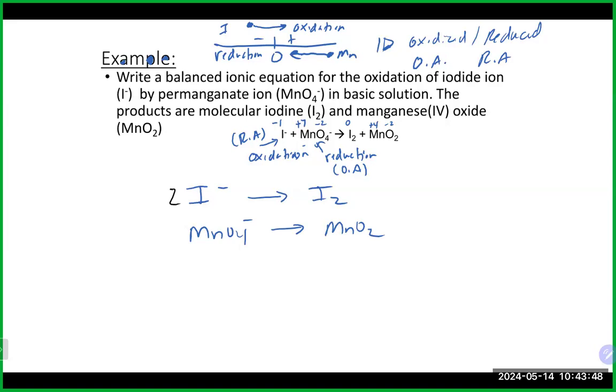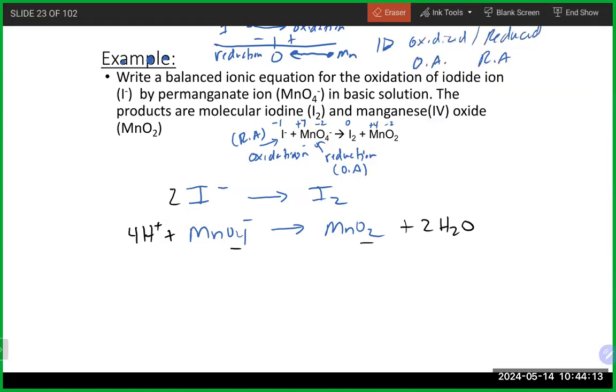We have 1 Mn on each side, so we're good. Now we can move to oxygen and add water. Top one has no oxygen, so we don't have to worry about it. Bottom one has 4 oxygens there and 2 there, which means we actually need 2 waters on the right-hand side to give us the proper number of oxygens. Because we added 2 waters to the right, we then would need to add 4 H pluses to the left-hand side. Any questions on that there?